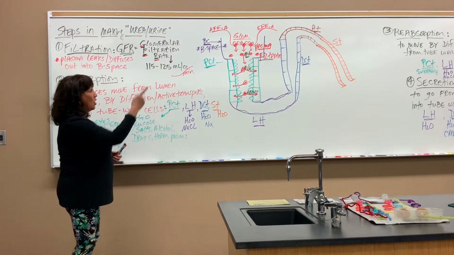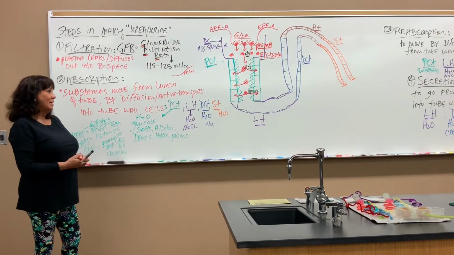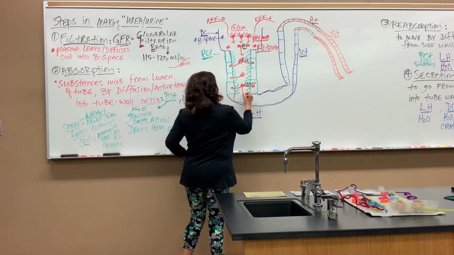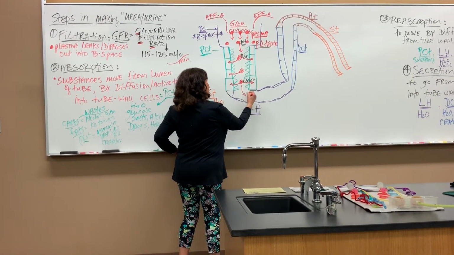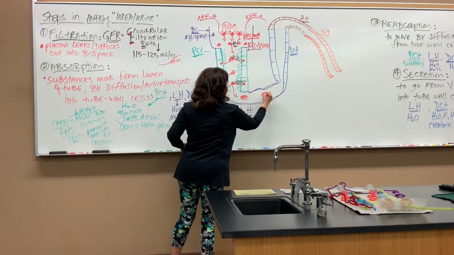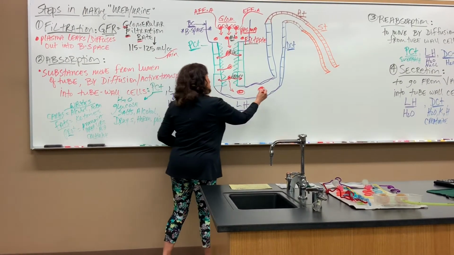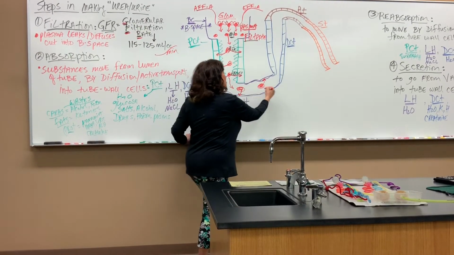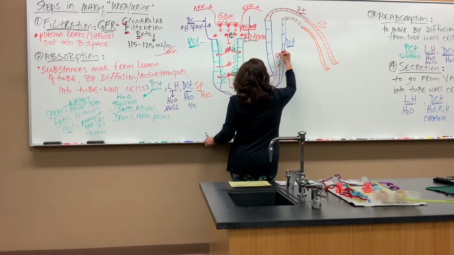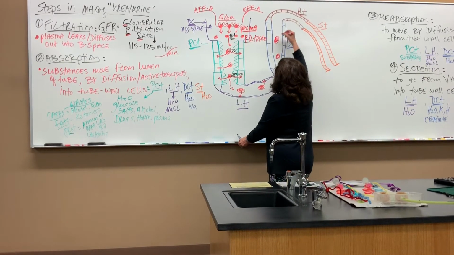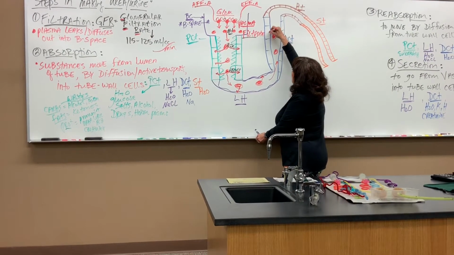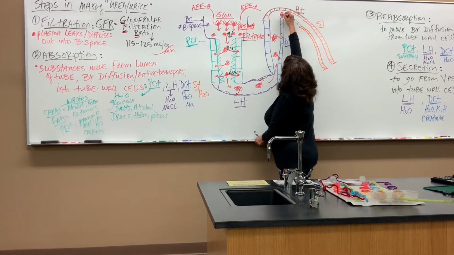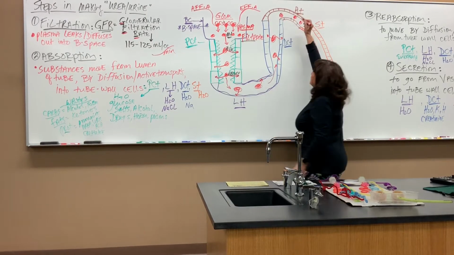And does it happen all the way down the tube, all the way down the nephron? Yes. And so this is going to keep going. Whatever is left over is going to keep going into the loop of Henle, and it's going to absorb some items into its cells. And then whatever's left over is going to keep moving up to the DCT, and it's going to absorb whatever it needs to absorb. And then it's going to go through the ACT, and the ACT does nothing.